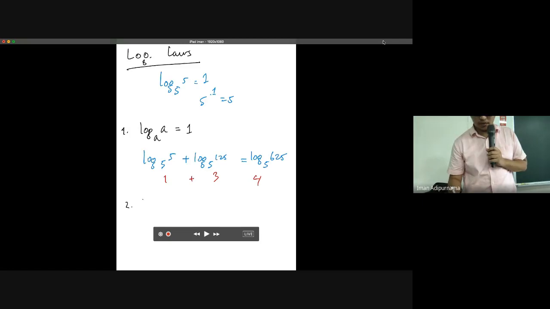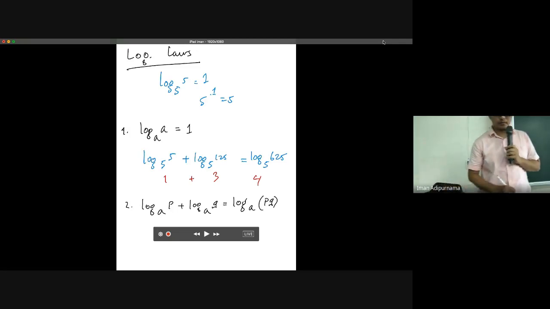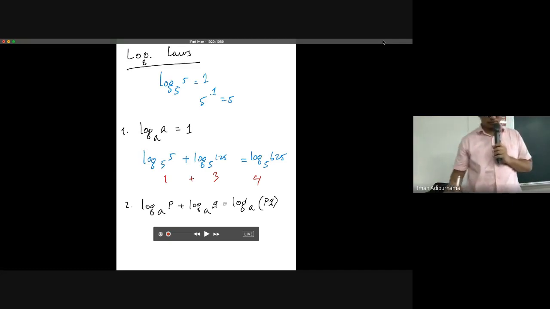So we can say that if you have log with the base of a of b, plus log with the base of a of q, it's the same as log with the base of a of b times q. This is for additions.